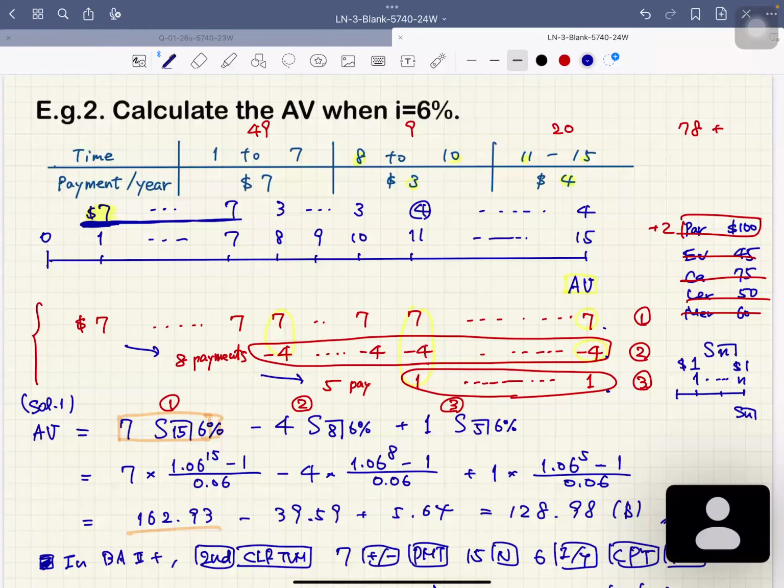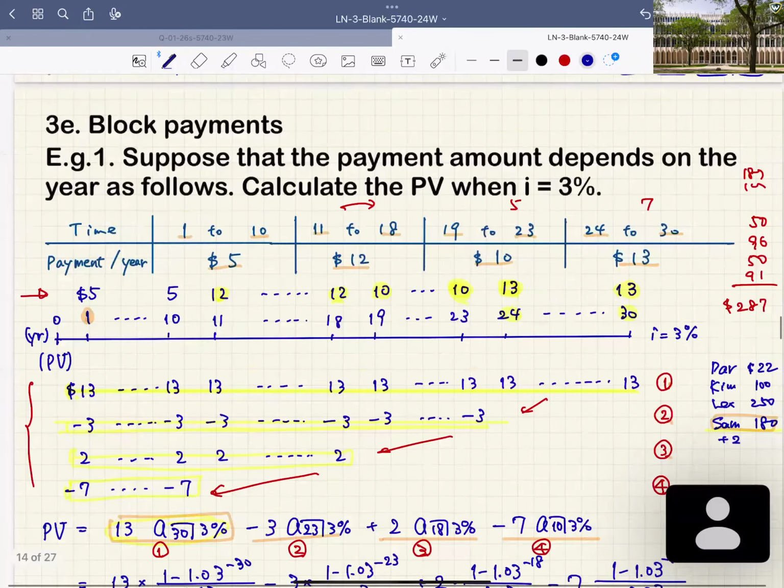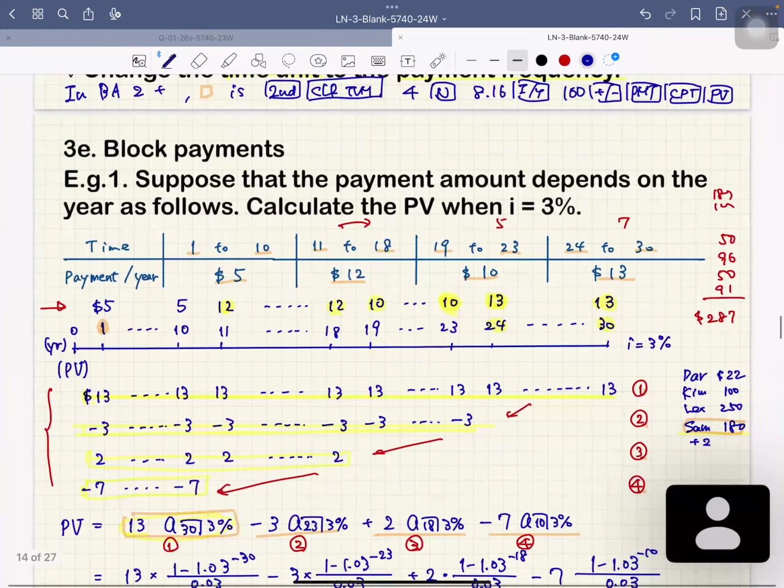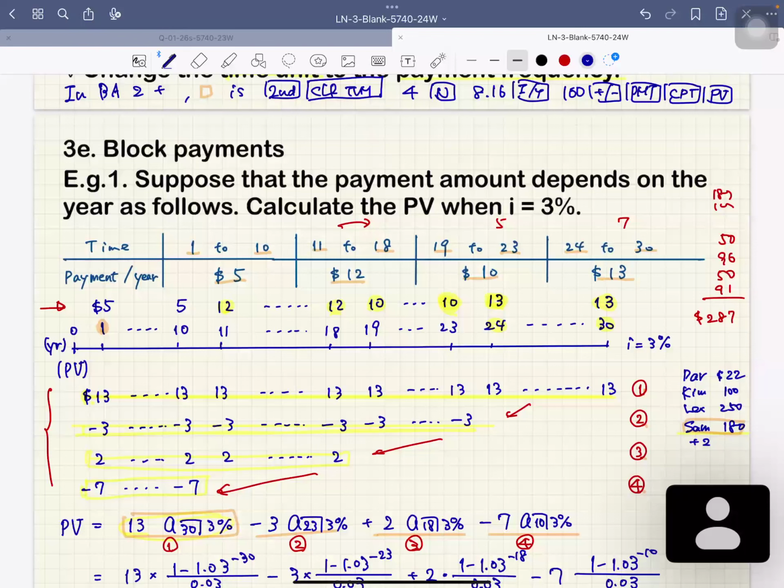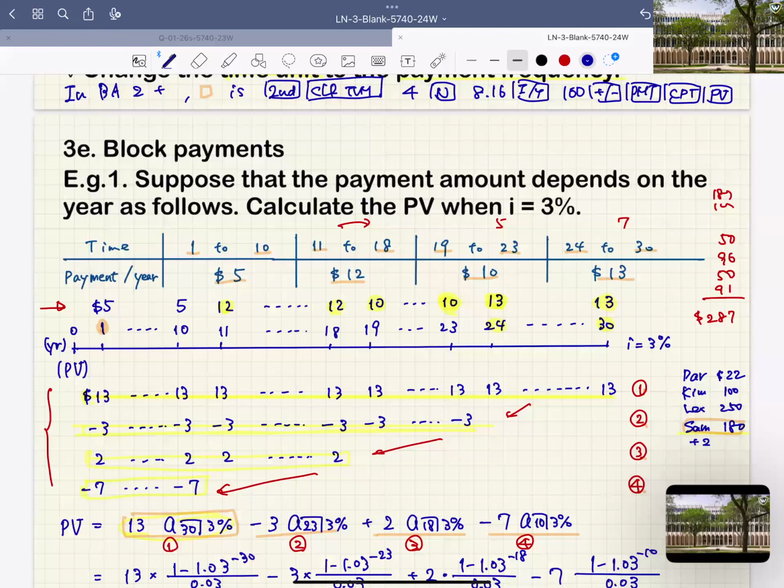In the previous example, it also said the longest cash flow, then go backwards. But isn't the longest cash flow 11 to 18, not 24 to 30? So longest cash flow means that we consider t equal to 1 to 30. At first we match the cash flow for the farthest payments. t equal to 30 is the last payment, right?